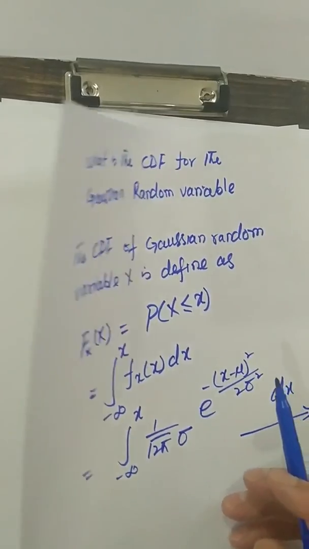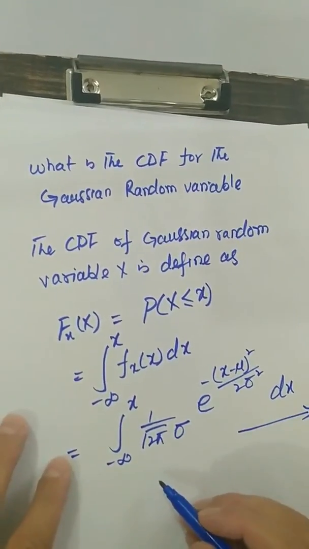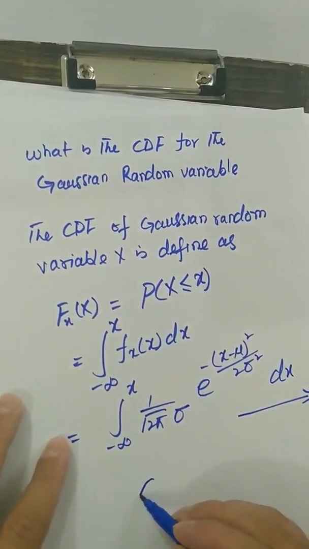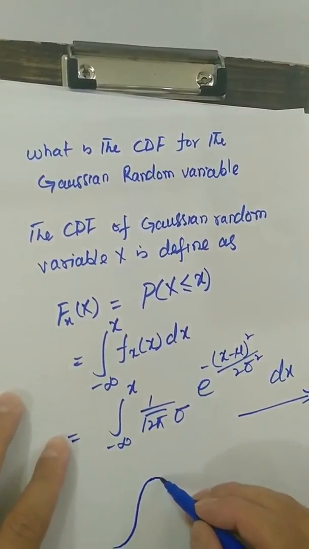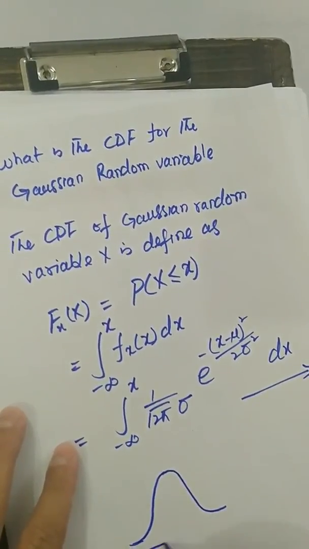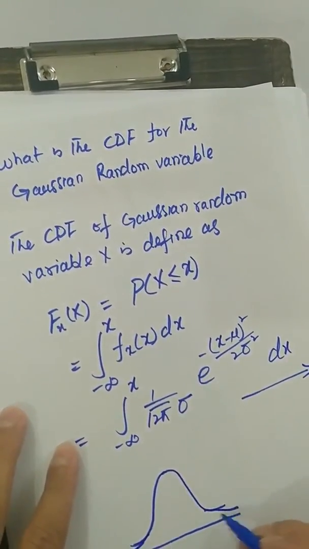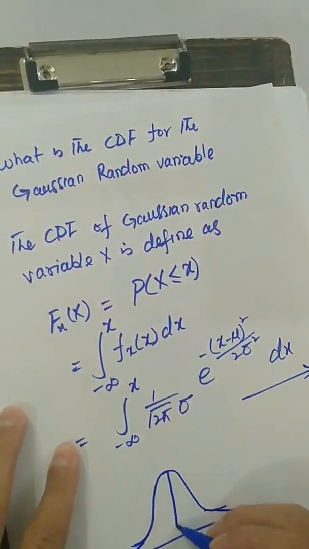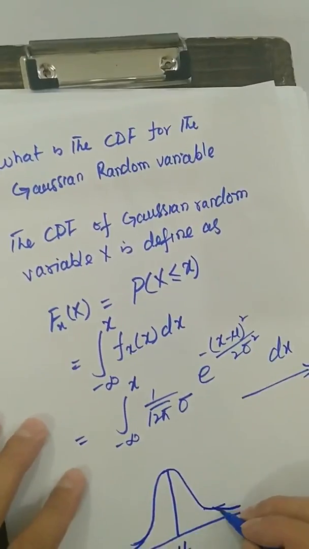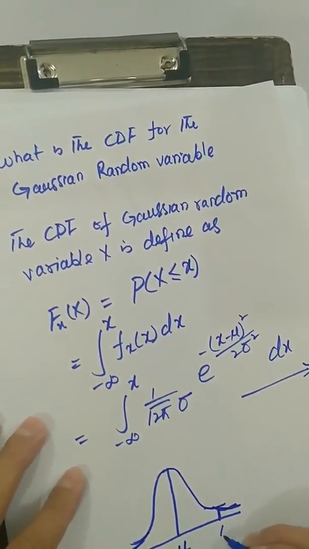The PDF for the Gaussian was like a bell shape, with its mean as mu. So this is the variable x.